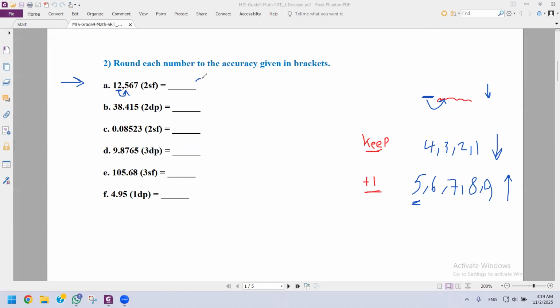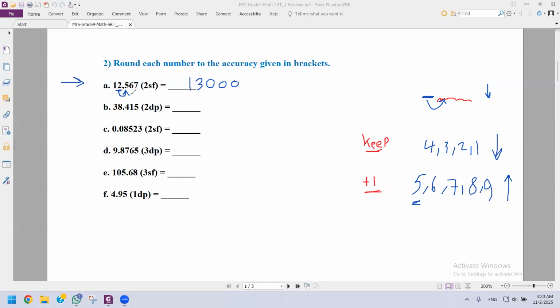It will be 3. Now, as you asked, what do I do for the numbers before the line? We should write them. I have 1. What should I do for the numbers after the line? The 5, 6, 7, I change them with 0. So 12,000, when I round it up, it becomes 13,000.